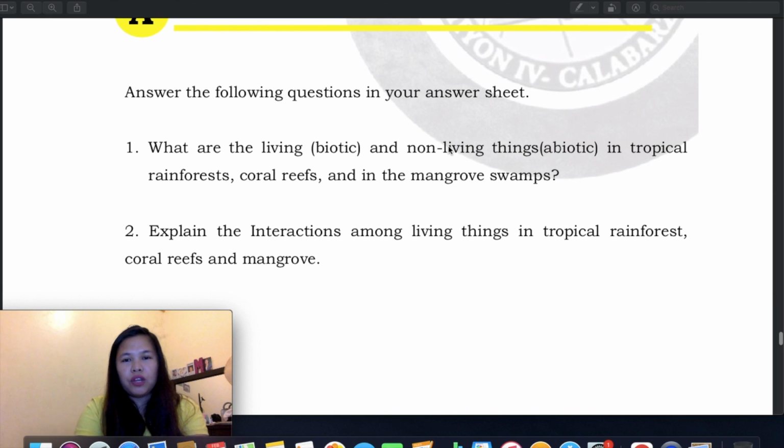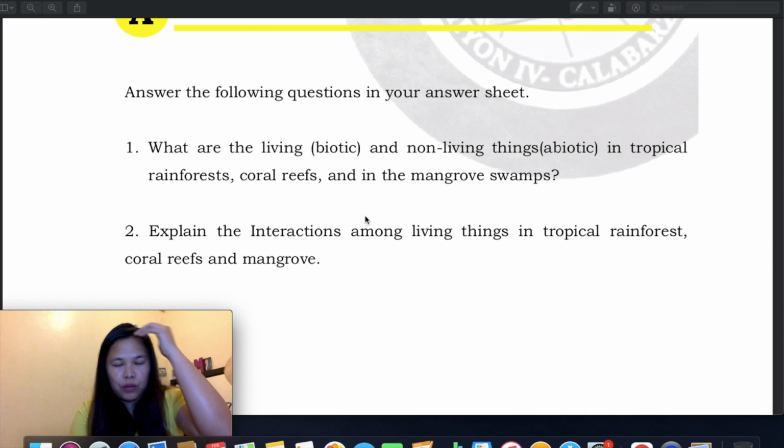So, what are the living or biotic and non-living or abiotic things in tropical rainforest, coral reefs, and mangrove? So, you have to name all the biotic. So, dun sa video na mapapanood nyo is kailangan nyo i-name, i-identify kung ano yung mga buhay na nandun, ano yung mga walang buhay na nandun sa rainforest, sa coral reefs, and sa mangrove swamps.